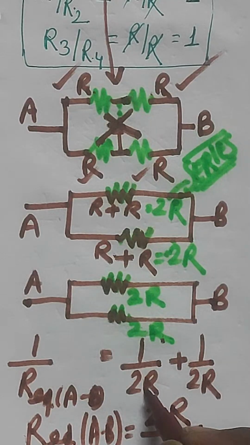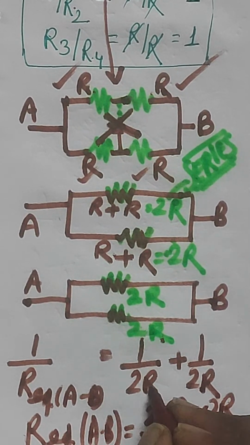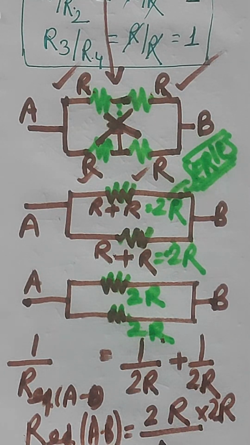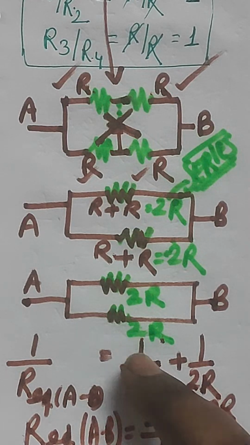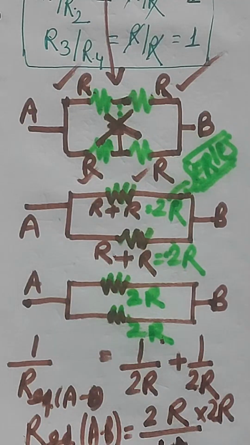So simply 2R into 2R, just multiply it, and here again it's 1 plus 1.